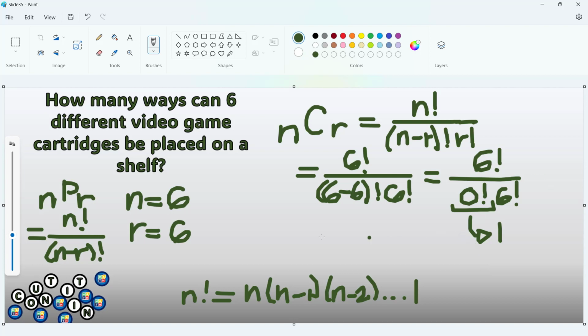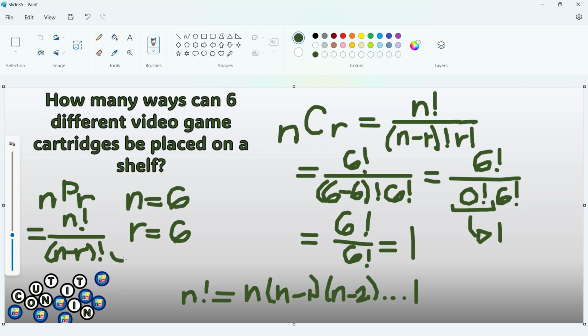Hence, our combination formula here will just be 6 factorial over 6 factorial, to which we don't need to expand them, because this is just 6 times 5 times 4 times 3 times 2 times 1, similar to our denominator. So therefore, there's only one combination, as mentioned earlier, by placing all those 6 cartridges on a shelf. No matter the arrangement, they're just counted as one combination, because here it is just 1 times 6 factorial.